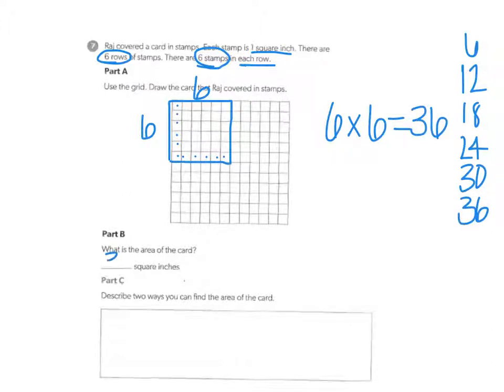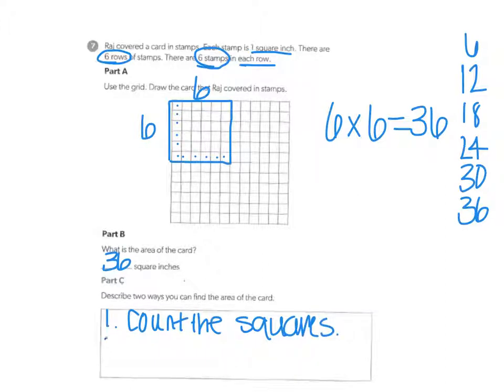So that means that the area was 36 square inches. So describe 2 ways you can find the area of the card. So the first way is count the squares. The second way is to multiply.